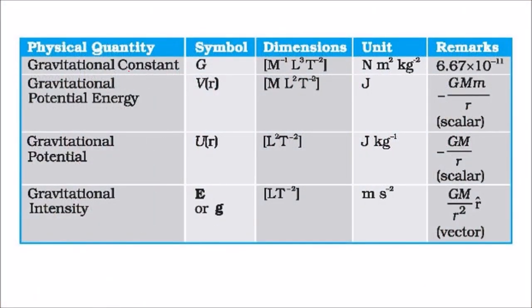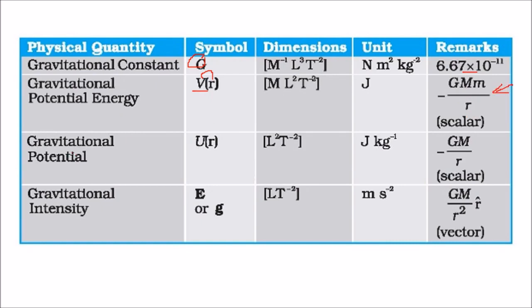So we have certain physical quantities, with their symbols, dimensions, units and remarks. The gravitational constant is given by capital G, the dimension is this, and the value is this. The gravitational potential energy, represented by V, is a function of radius, given by -GMm/R, and it is a scalar quantity.